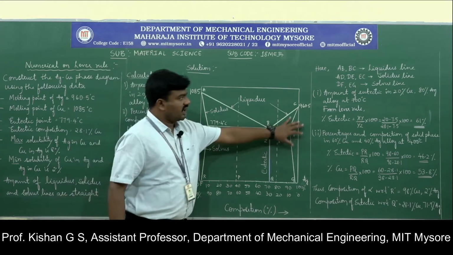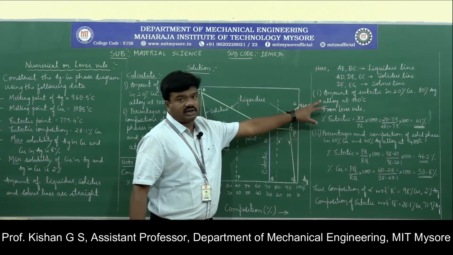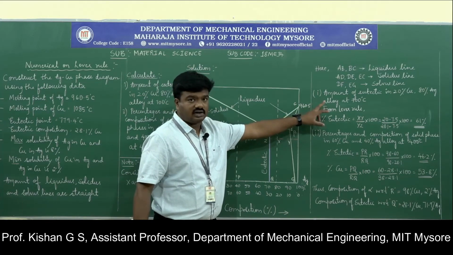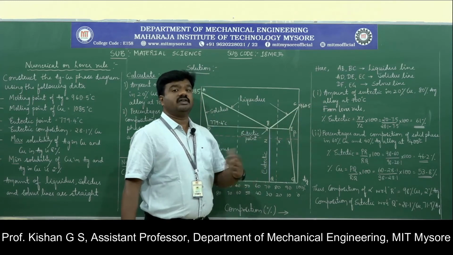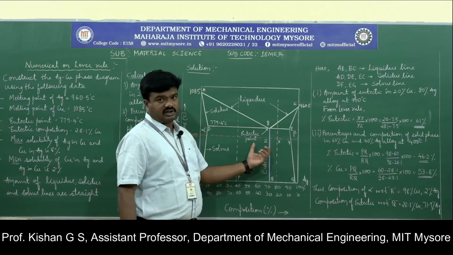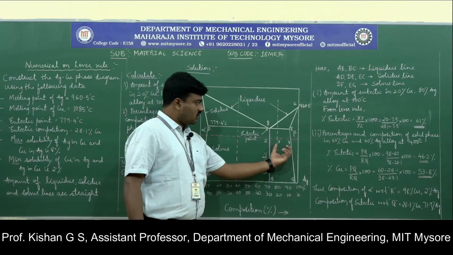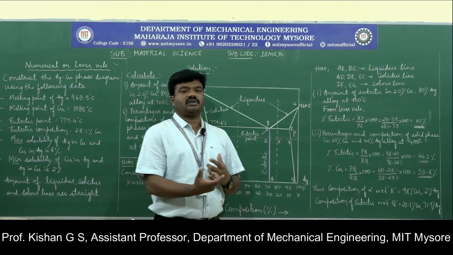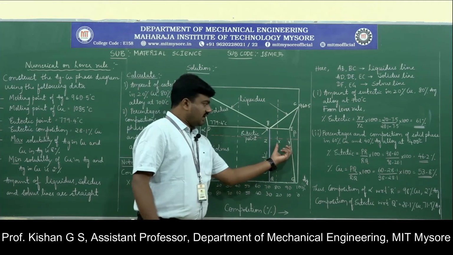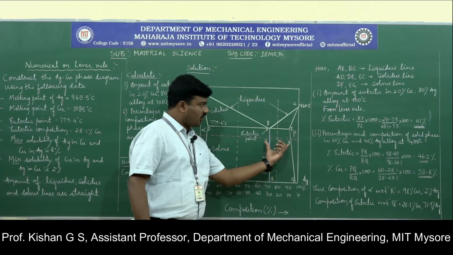So now you can observe here the amount of eutectic in 20% copper and 80% of silver at 700 degrees Celsius with respect to the lever rule. We always know it is the opposite lever that represents the eutectic, so it is xy divided by yz.